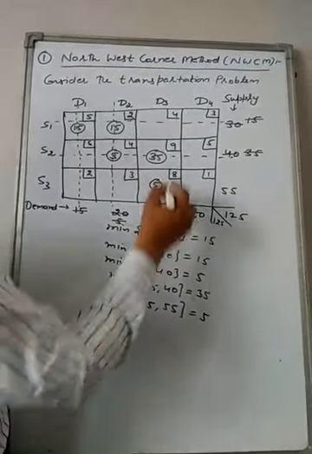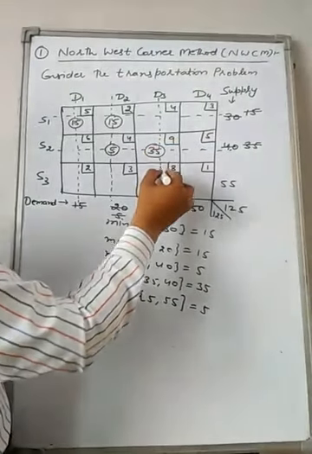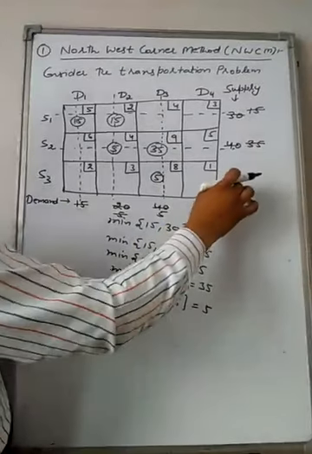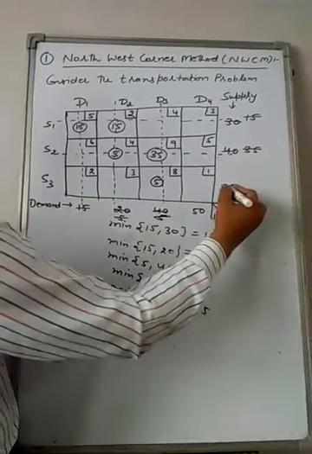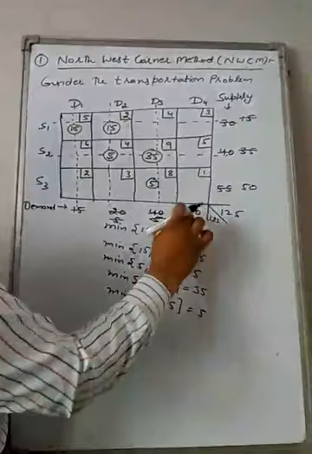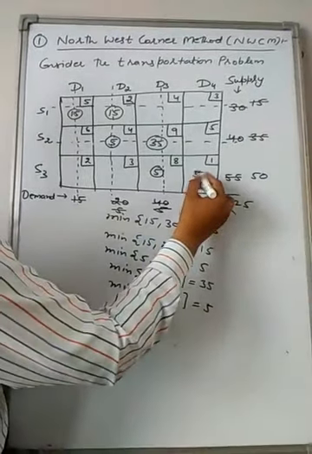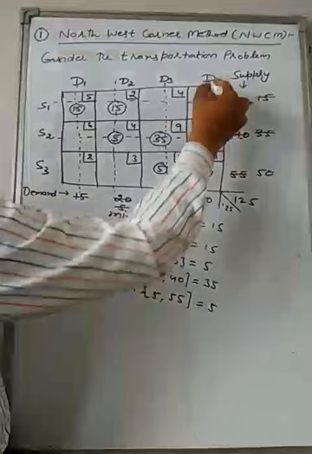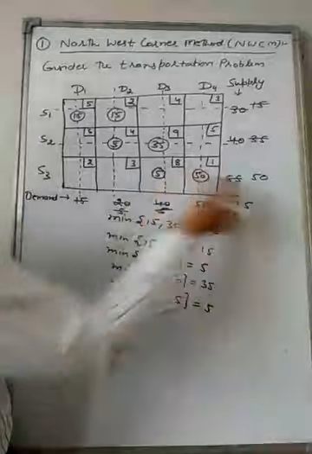Therefore, we will cross this column with the dotted lines, and the remaining supply at source S3 is difference of 5 and 55, that is 50. Now this cell is left with 50 here and 50 here. Therefore, we will allocate 50 here and again cancel out this column or this row.